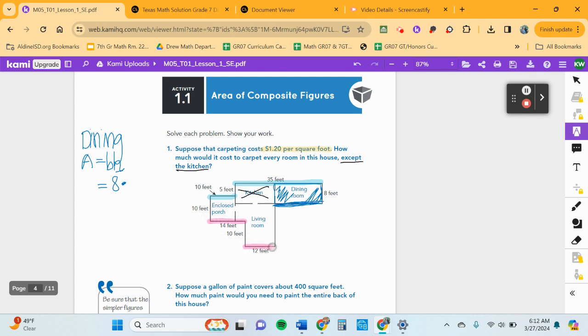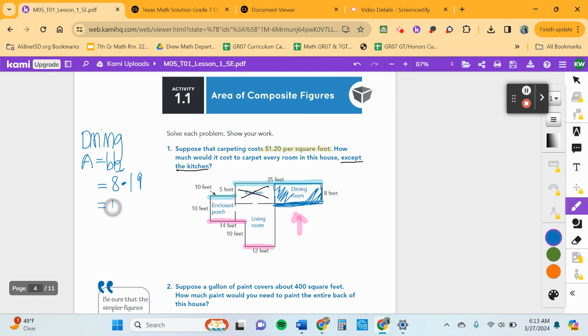This section is 12, but this section I don't know. So I'm going to take 45, take away 14, take away 12. What number does that get us? That gives us 19. And then when we multiply, we get 152 square feet or feet squared for our dining room.